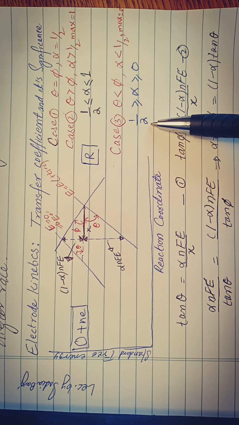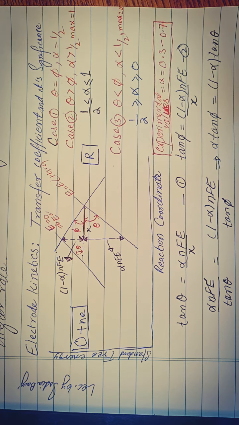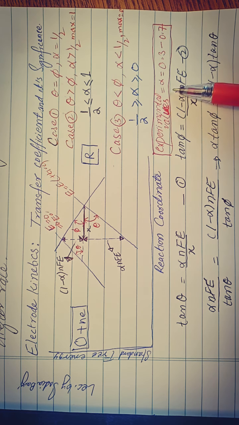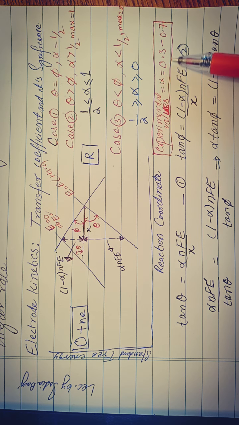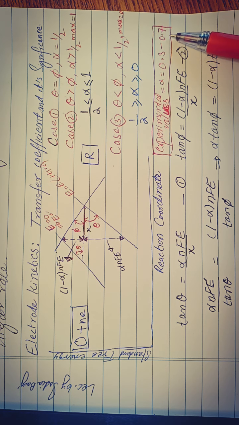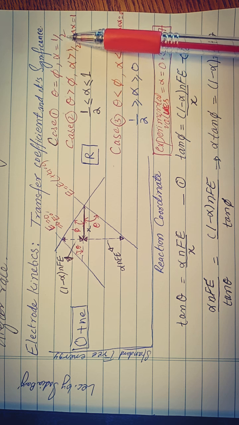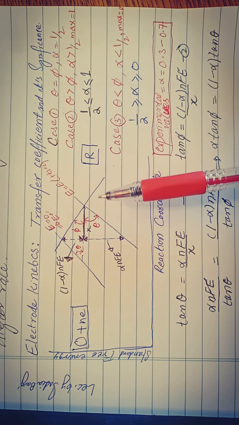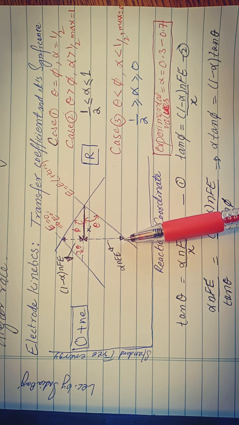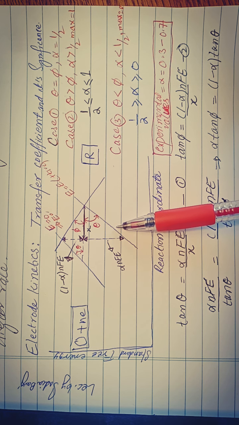So the value for this case will lie between half and 0. But experimentally, the value of alpha is usually measured in the range of 0.3 to 0.7, and it is approximated to be half in the absence of any measurement of the potential variation of the electrode.